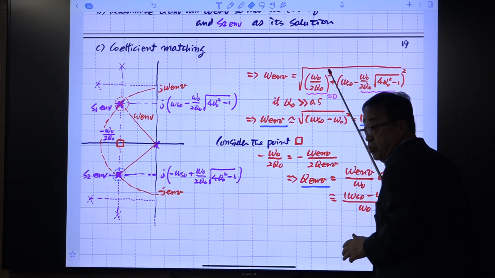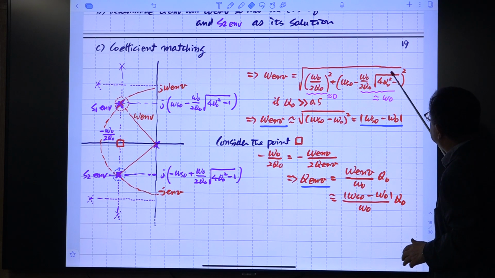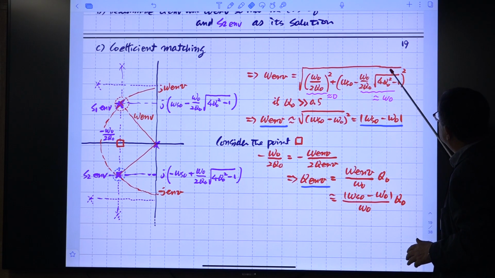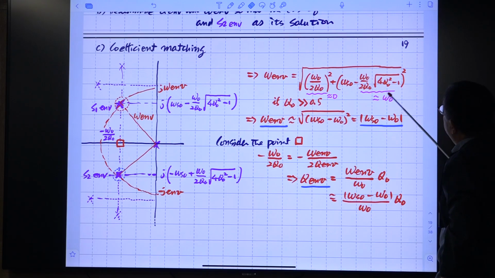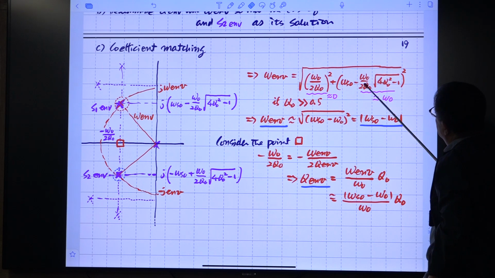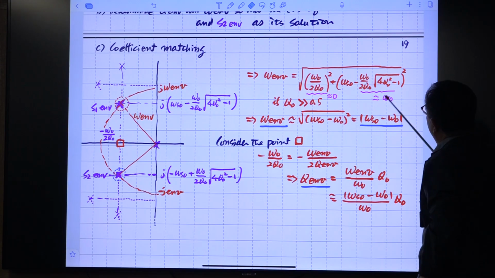Then this Q squared term is much larger than 0.5, so this one can be ignored. That is coming out from this square root. Then they cancel, so this term reduces to omega naught. So this is 0.